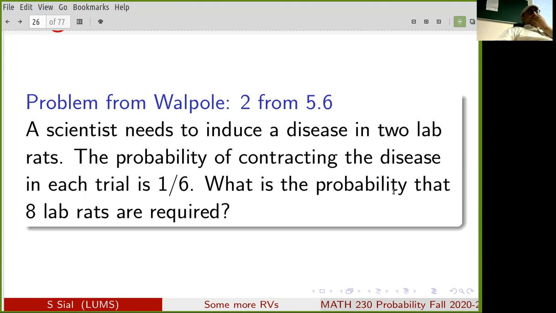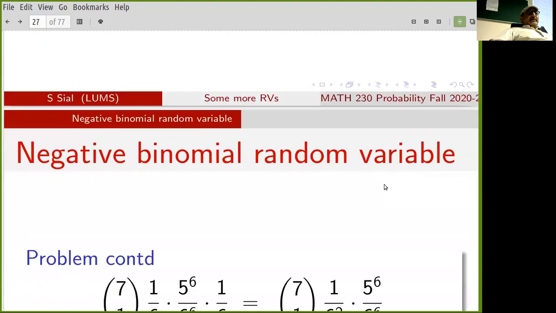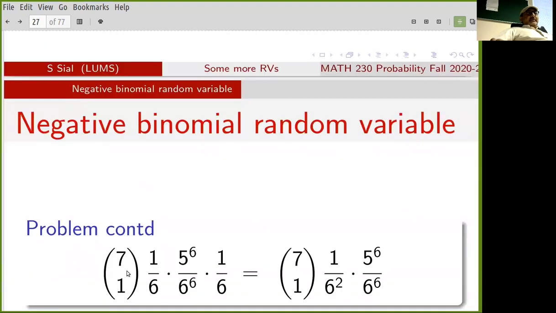So, what's the probability that you could do that? Well, we want to have an idea of how many lab rats to order, right? We have to import these from Norway or something. So we want to have an idea of how many we need to order so that we have a very strong probability of getting those 2 successes. Okay. So let's think our way through this.